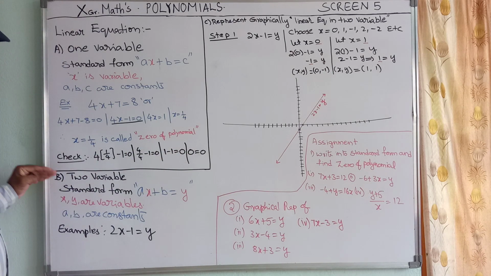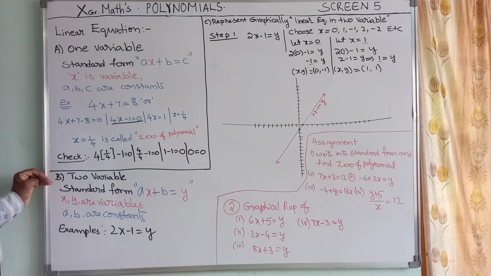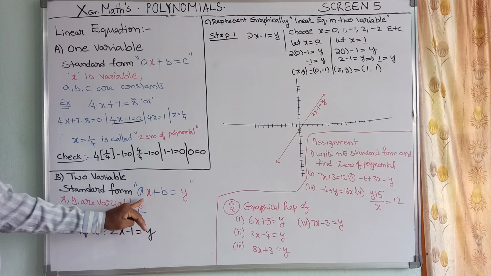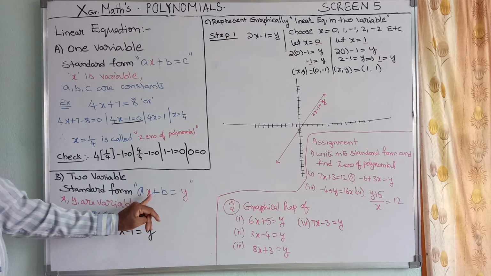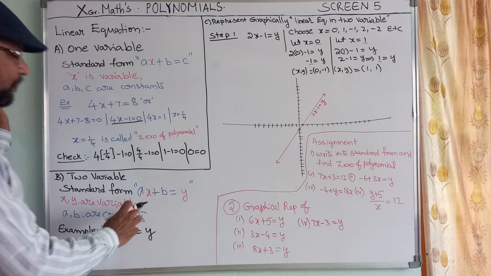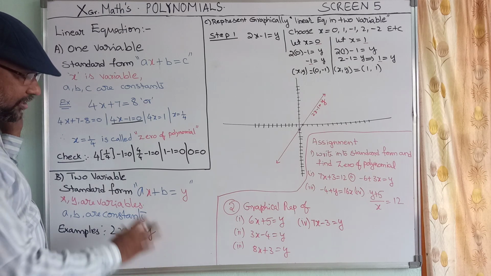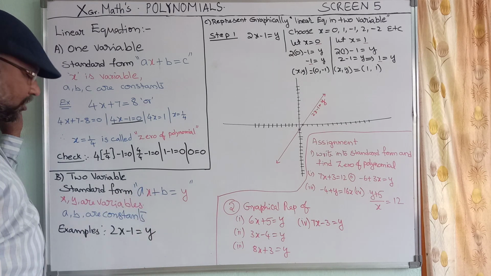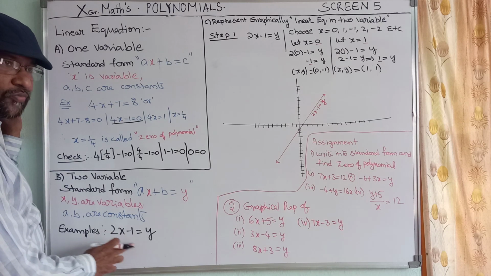Now let us see linear equation in two variables. Actually, I am giving you one example. The standard form is ax plus by plus c equal to 0, where x and y are called variables and a, b, c are called constants. For an example, 2x minus y equal to 0.